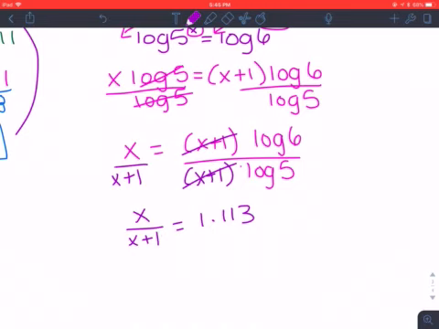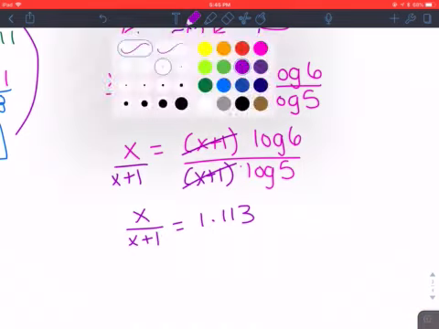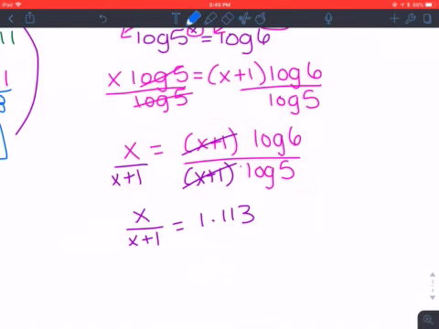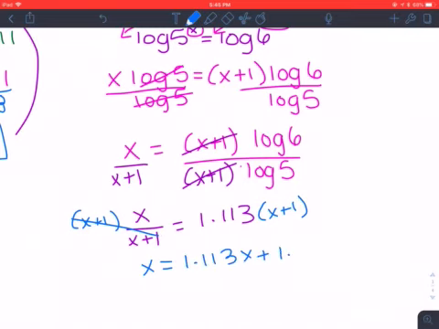All right, now to solve for x, we're going to multiply by our denominator on both sides. We get 1.113x plus 1.113.